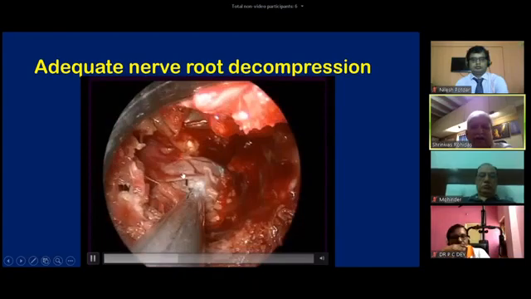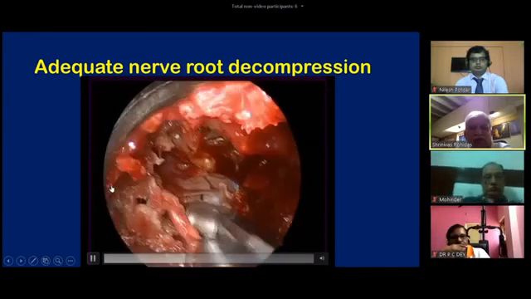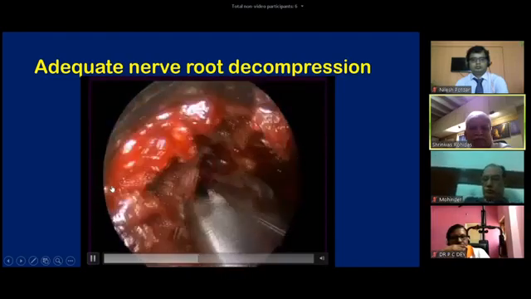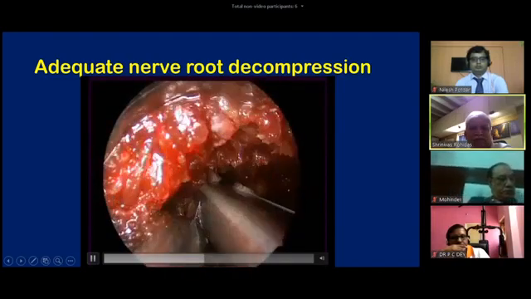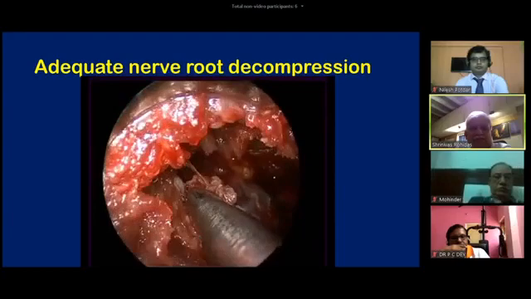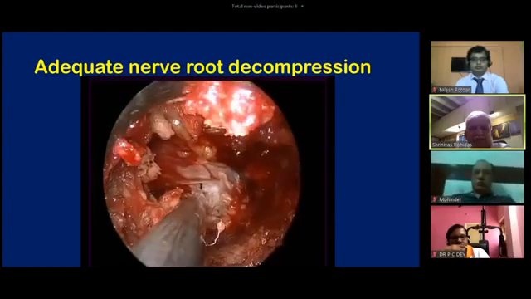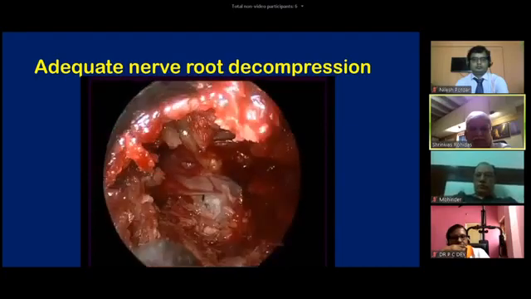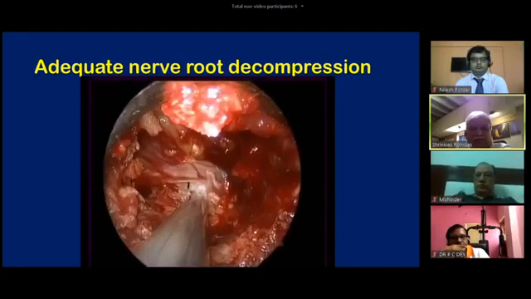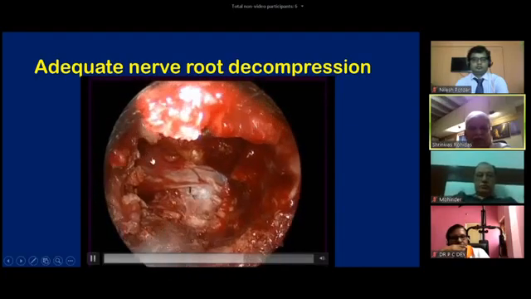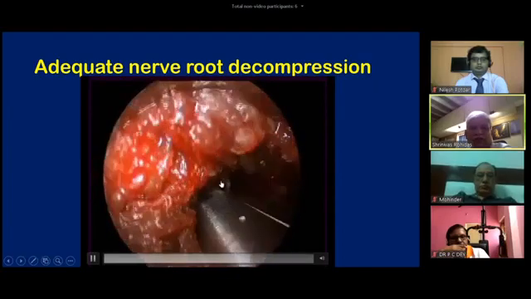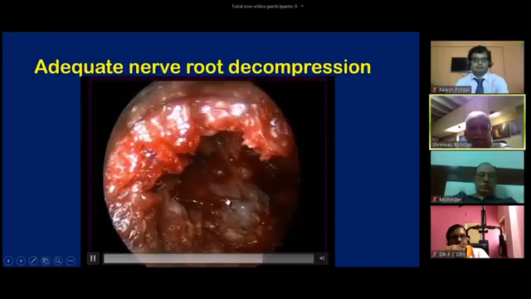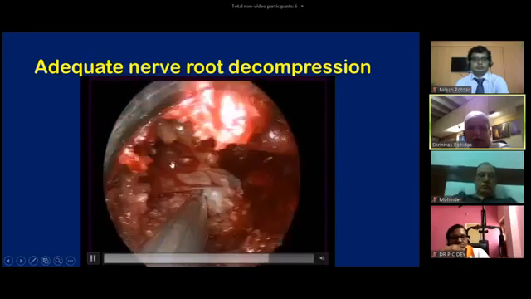This is the axilla and the root going into the foramen. You can appreciate this is shoulder axilla. Shoulder, axilla and the complete nerve root.